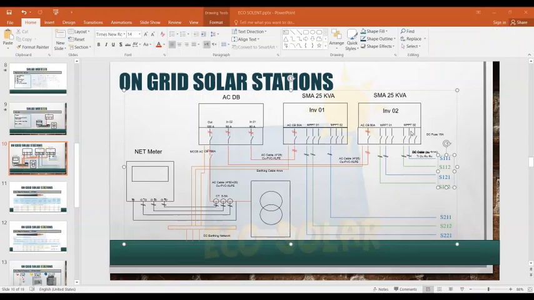If the grid is down and there is no electricity in the grid, this inverter will not work because it will not be able to give us the 50 hertz frequency, which is synchronized with the frequency and voltage of the grid.